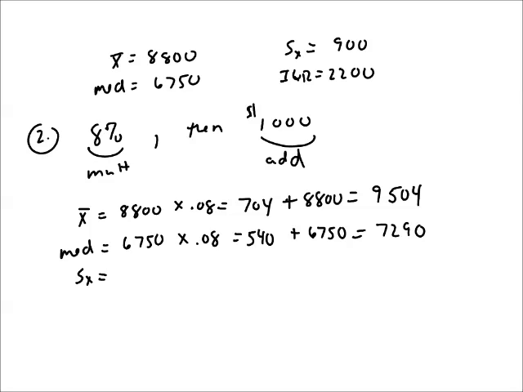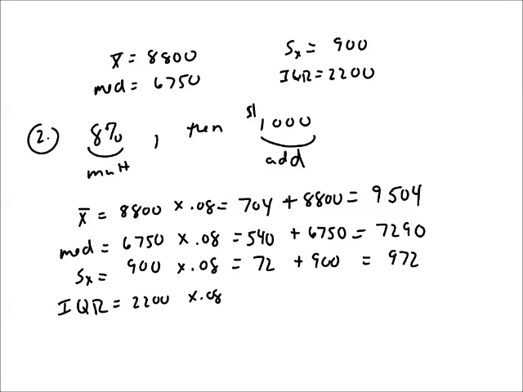Standard deviation, 900 times 0.08, which is 72, plus the 900, 972. IQR, 2,200 times 0.08 is 176, plus the 2,200 is 2,376. Now, standard deviation will stay the same after this because you don't do anything when you add. IQR will do the same thing.